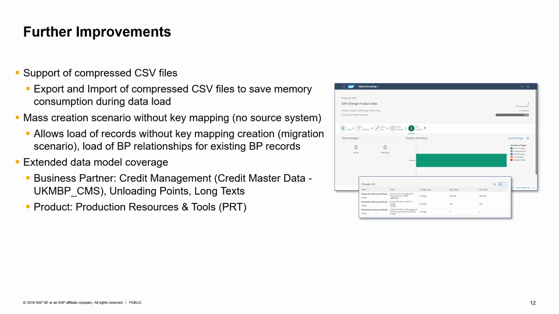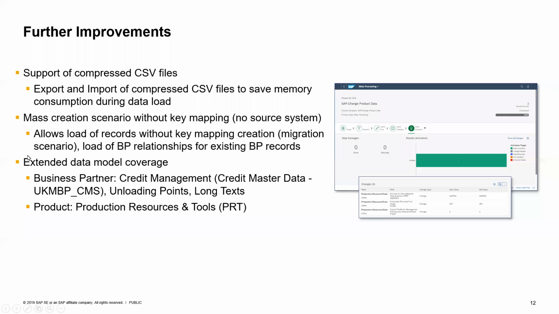So from now on, from 1909, we allow loading data without creating key mapping. This is also important for a scenario where you want to load business partner relationships afterwards if you have already activated data. This is now available as of 1909.